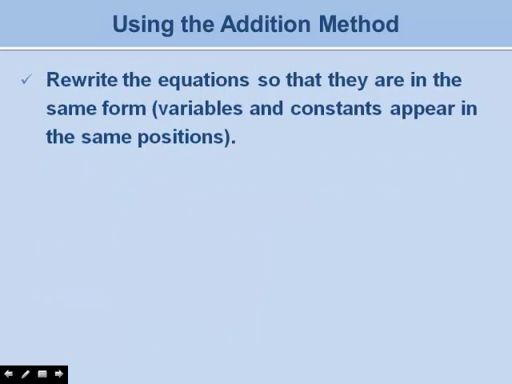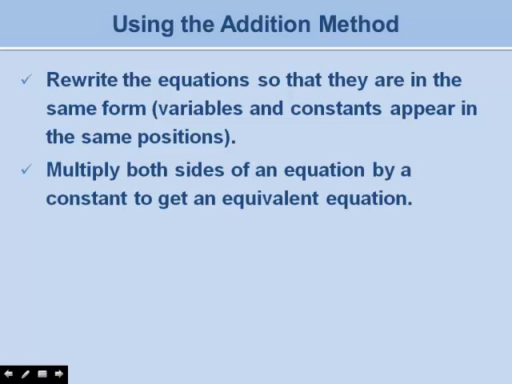So to use this method, the first thing that we'll need to do is rewrite the equations in the system so that they're in the same form, so that the variables line up in the same positions and the constants line up in the same positions in each of the equations. Then, if necessary, we'll multiply both sides of one of the equations or both of the equations by a constant so that we get an equivalent equation.